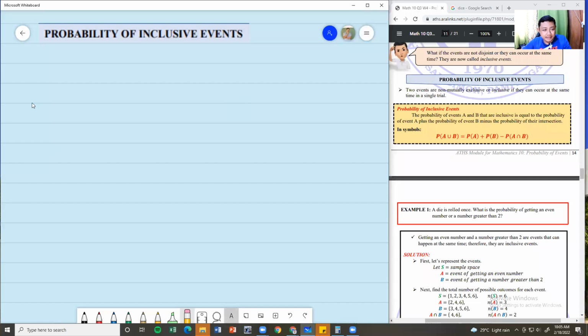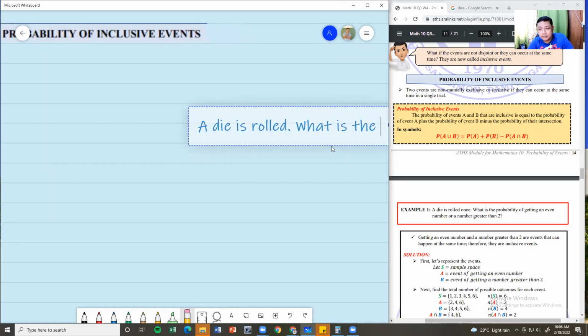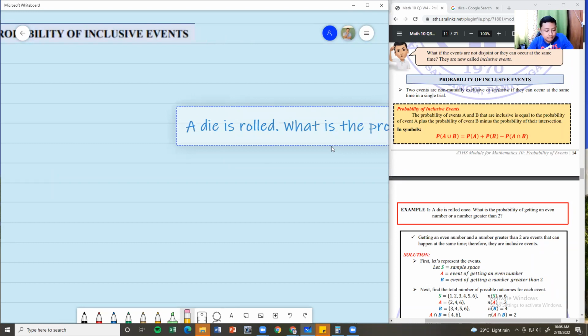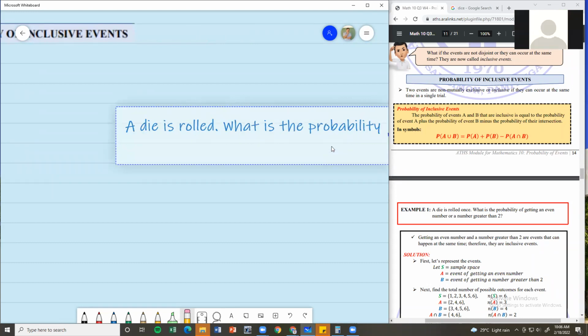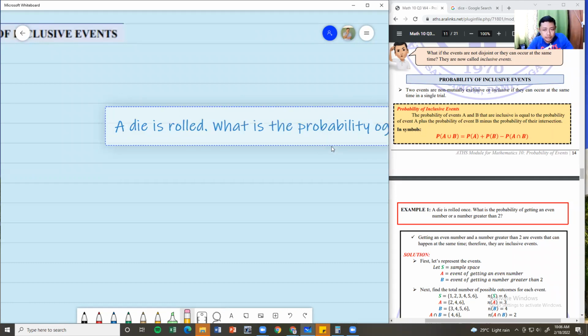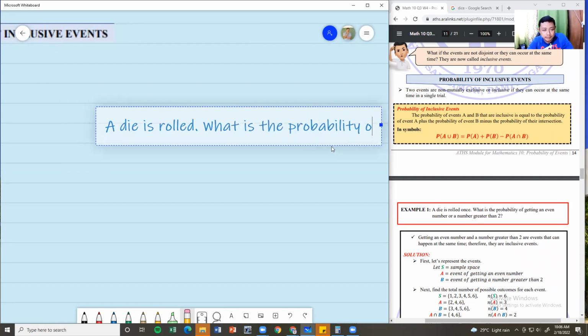Okay, let's have this. A die is rolled. What is the probability that, what's the probability of getting an even number?